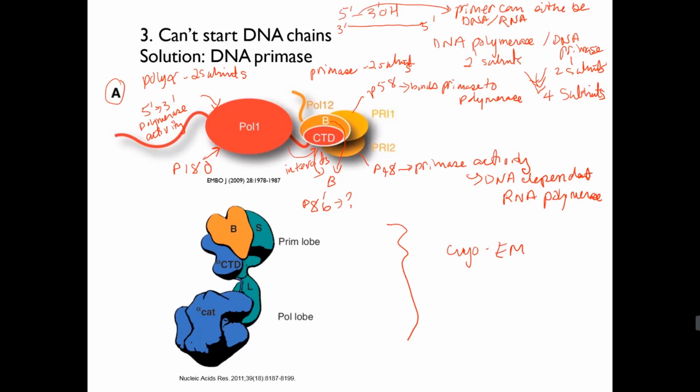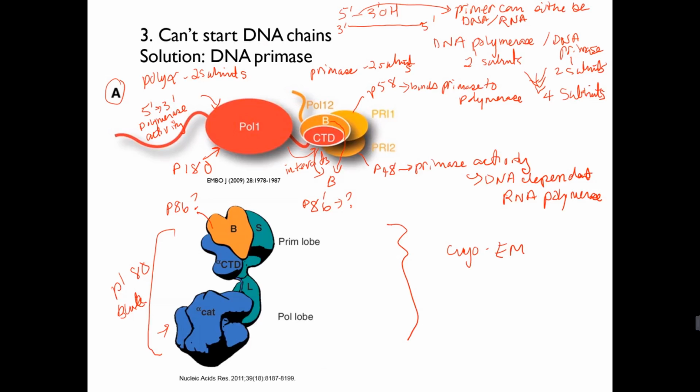So it kind of looks like a bunch of blobs, and just to give you an idea of how the different subunits relate to each other, over on this side where we have the blue, this is the catalytic portion of P180. And this is P86 up here, and again we don't really know the function of it, and it's hanging out at the top of the C-terminal domain.